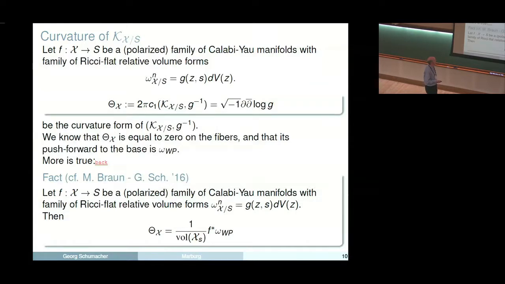All that is left is 1 over the volume of the fibers, which is constant, times the pullback of the Weil-Petersson form in the general concept.